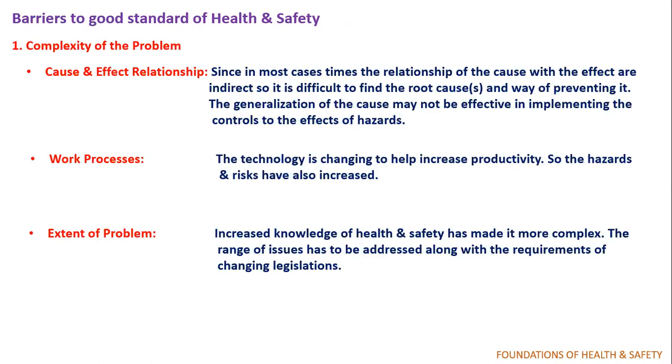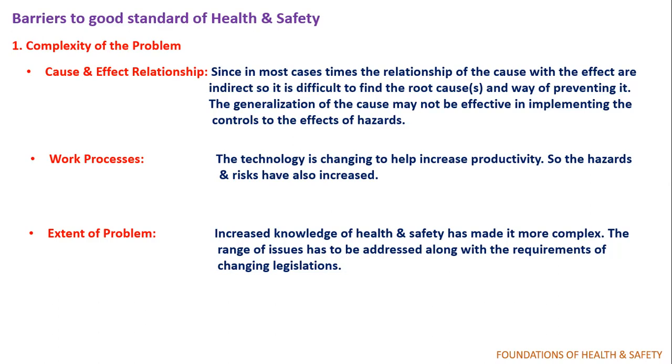Now, the next topic is the barriers to a good standard of health and safety. What prevents us from having good health and safety standards at the workplace? The first is the complexity of the problem. When the problem is very complex, for example, the cause and effect relationship, since most of the time the relationship of the cause with the effects is indirect, it is difficult to find the root causes and the way of preventing them.